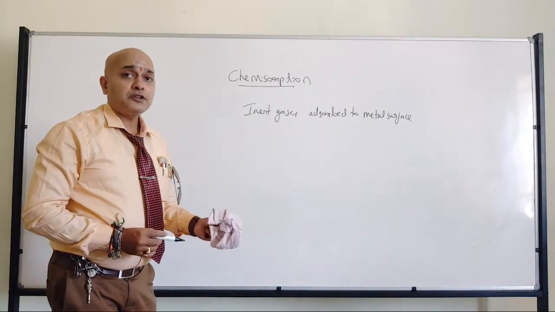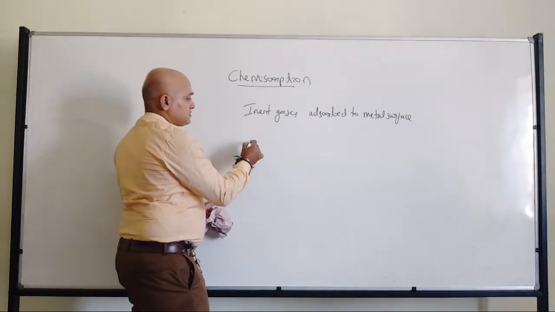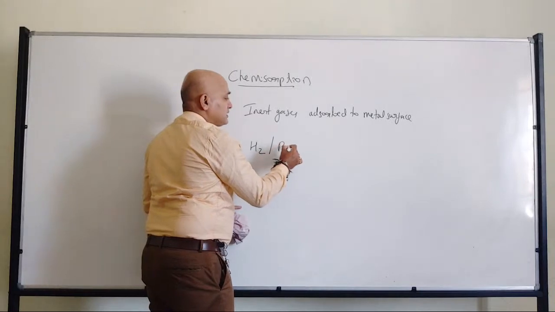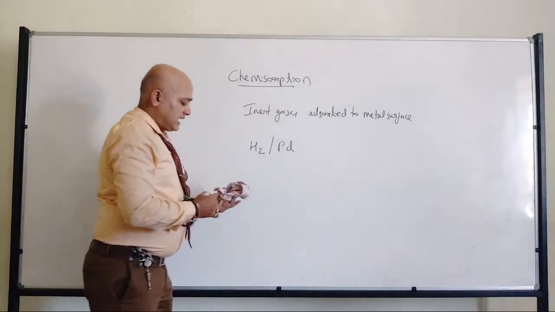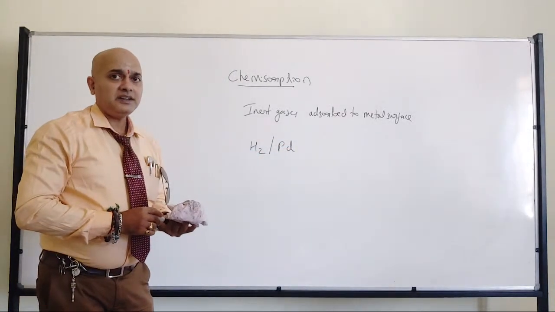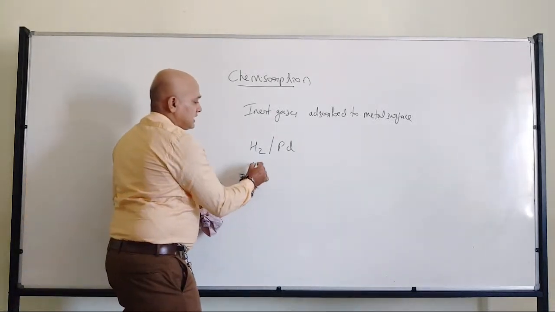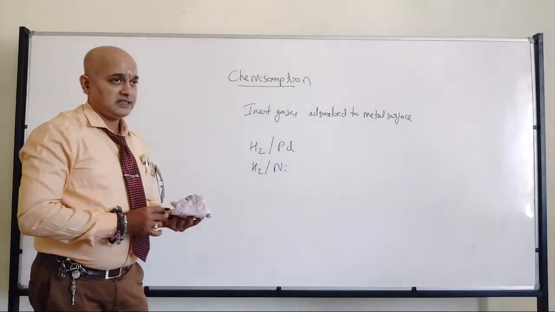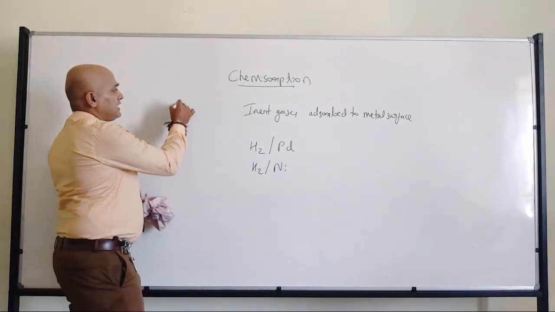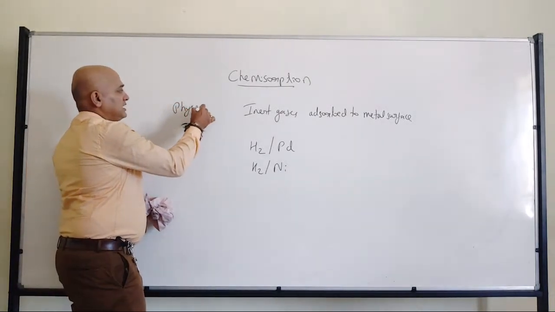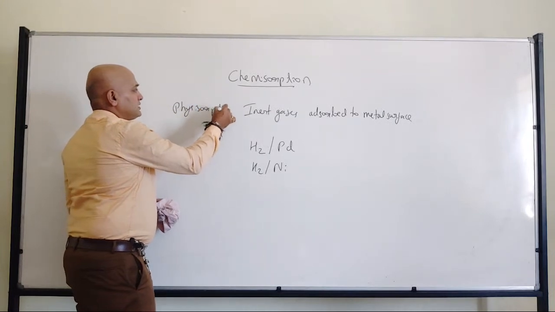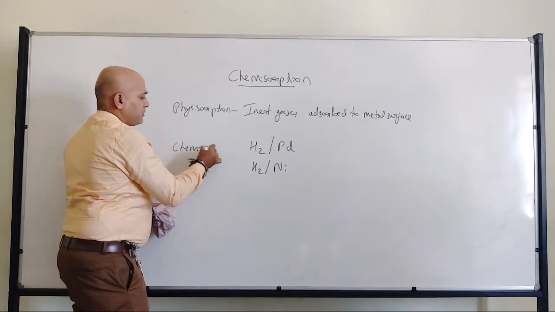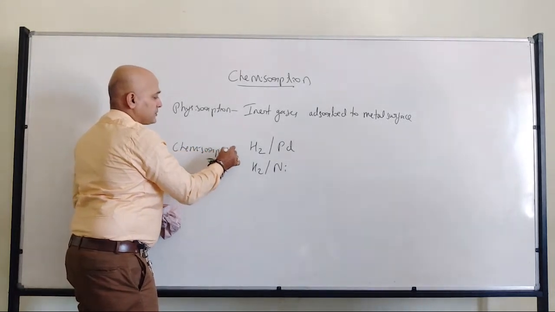Like the hydrogenation process, where hydrogen gas is used along with palladium as the catalyst, or hydrogen gas along with nickel as the catalyst. The first was an example for physisorption; this is related to examples for chemisorption.